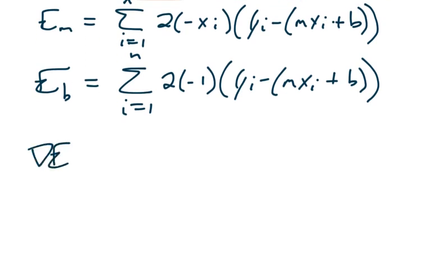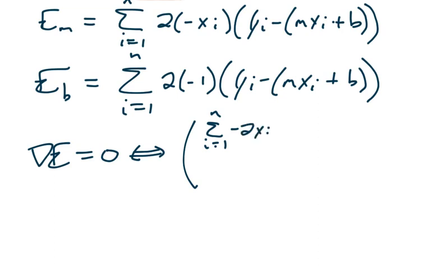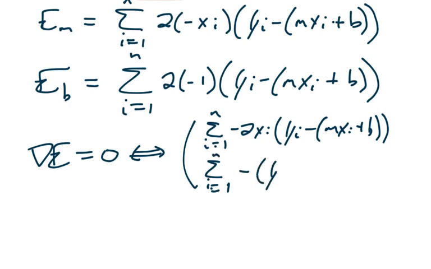So now, gradient E being equal to 0 is the same thing as saying that the sum from i equals 1 to n of negative 2xi times (yi minus (mxi plus b)), and the sum from i equals 1 to n of negative 2 times (yi minus (mxi plus b)).